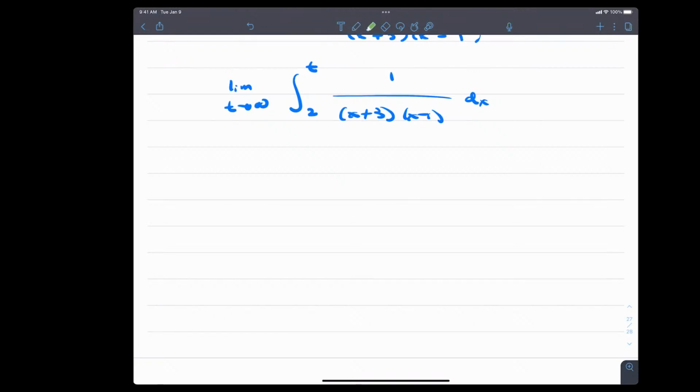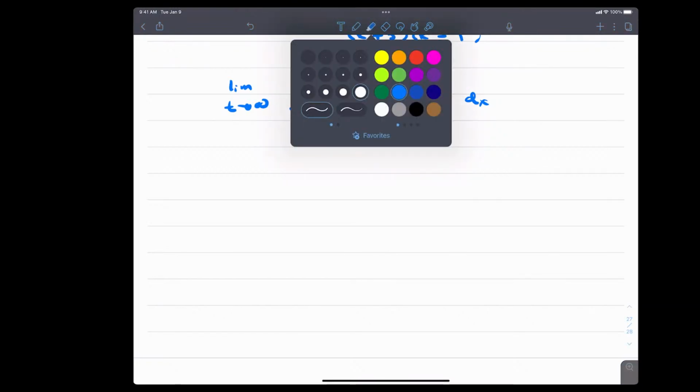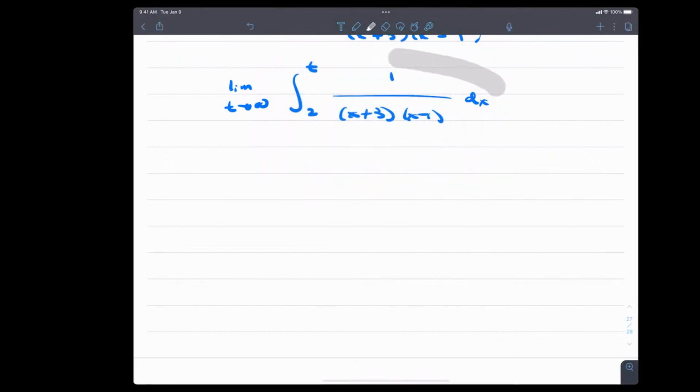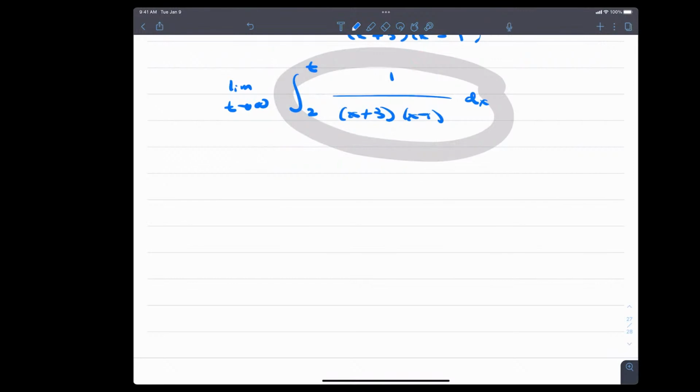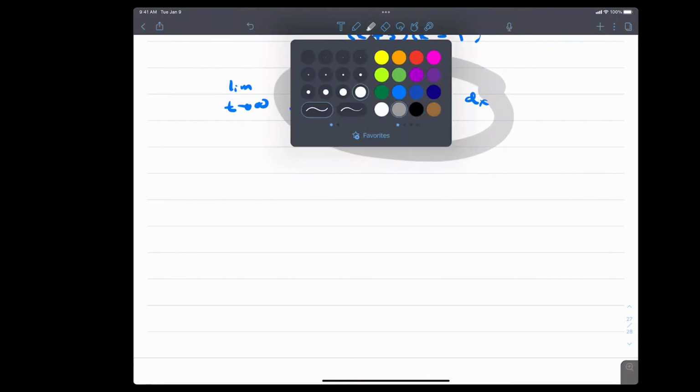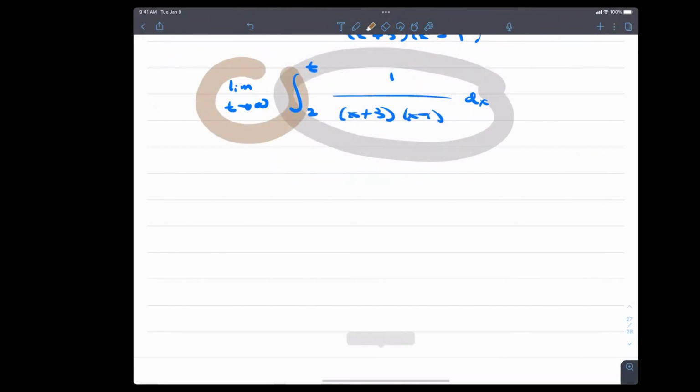So this is going to depend on what this integral is by partial fraction decomposition. Okay? And there, t is at infinity. So to let you guys know what that really is, from 2 to t, partial fraction decomposition, it's going to be the following.